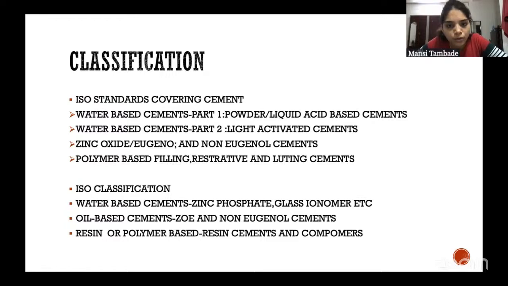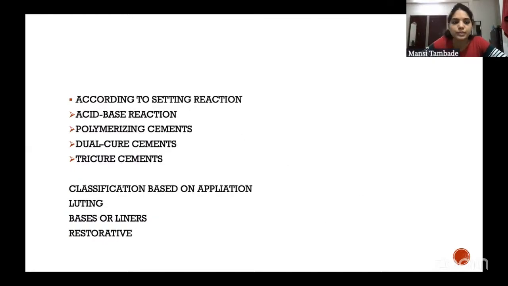Water-based cements in part 2, light activated cements. Zinc oxide eugenol and non-eugenol cements. Polymer-based filling, restorative and luting cements. Then the ISO classification: water-based cement, under this we have zinc phosphate and glass ionomer; oil-based cement, ZOE and non-eugenol; and resin or polymer-based resin cements and compomers.